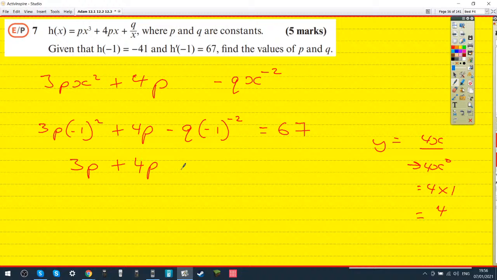And then you do minus 1 to the power of minus 2. So what is minus 1 to the power minus 2? 1. So it'd be q times 1, which is just q, which equals 67. Yep.